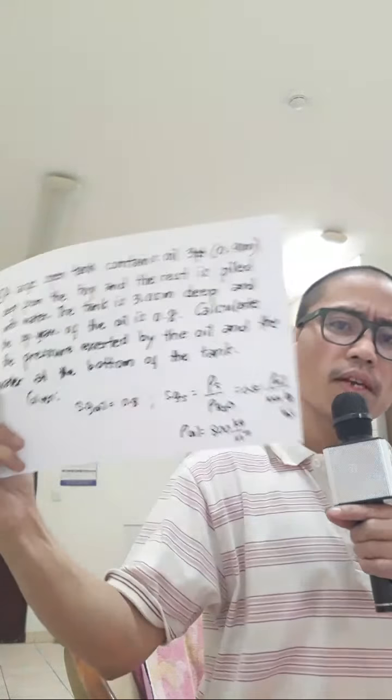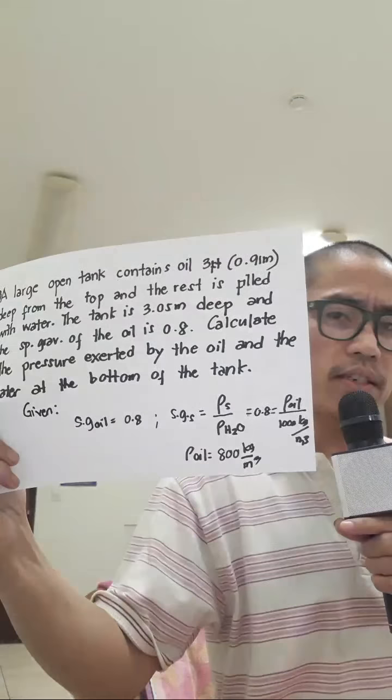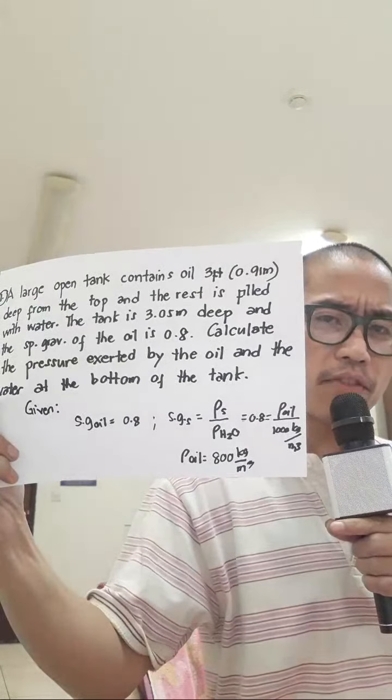Okay, going back, the density of oil will be 0.8 times 1,000, which is equal to 800 kilogram per cubic meter. So the density of oil is 800 kilogram per cubic meter.